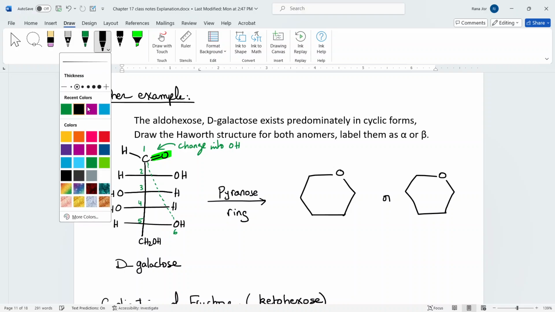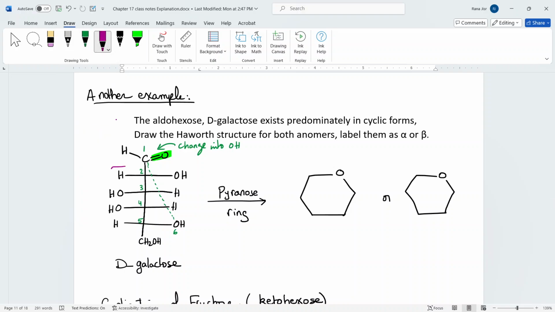All the groups that belong to the left side over here, these are going to point up. All of these groups here that belong to the right, these are going to point down.